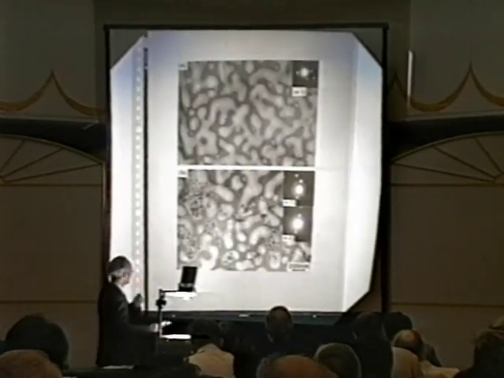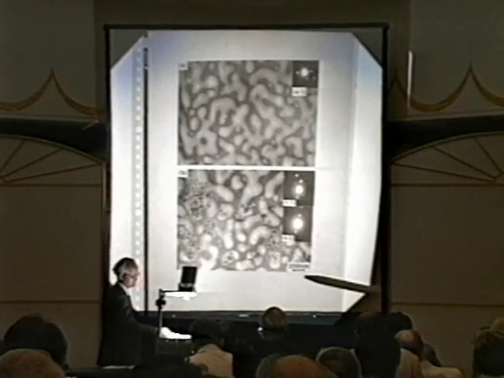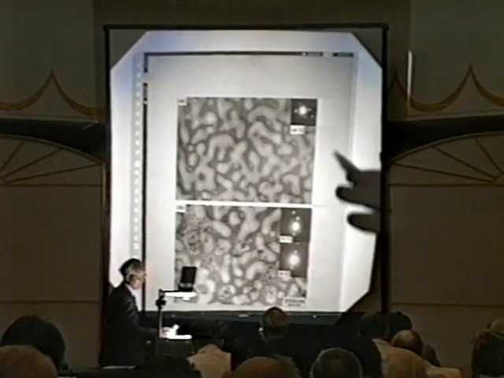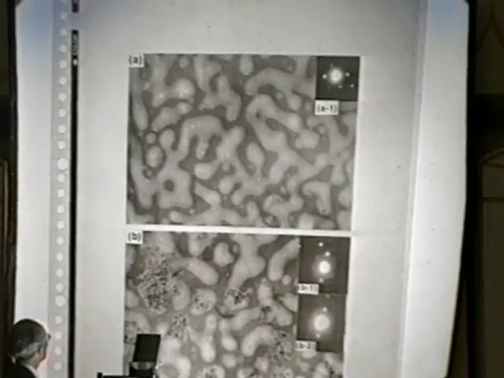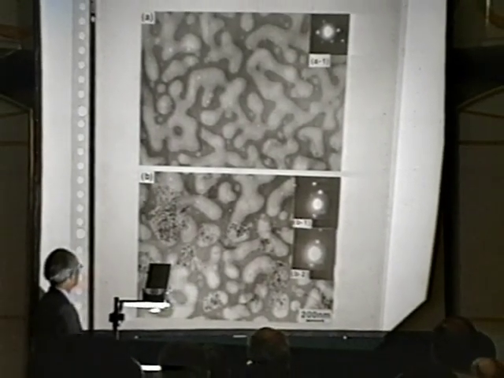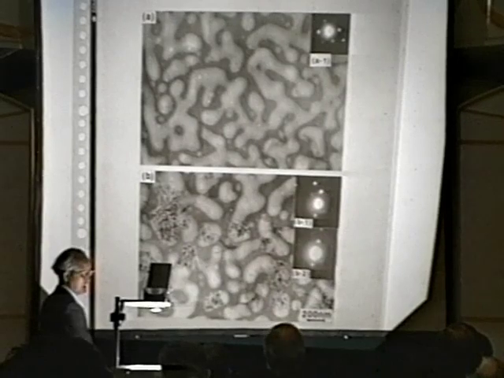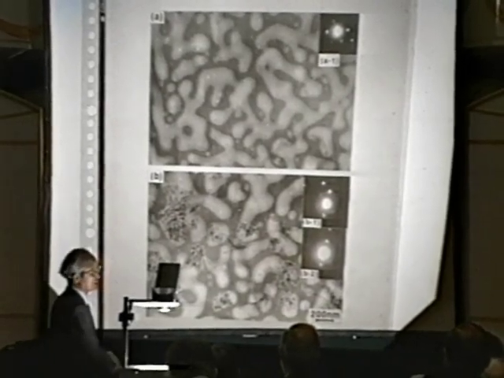You can see the magnification of the photograph. And the top one, A, was taken after the implantation with hydrogen. And these white, bright regions contain the hydrogen molecules.